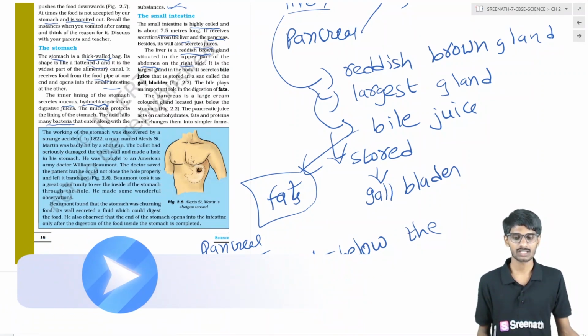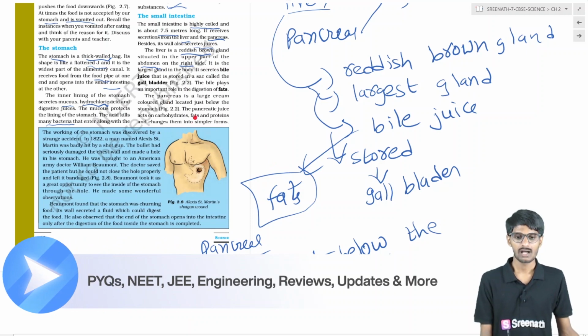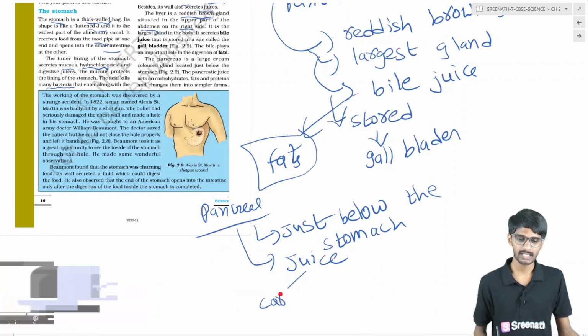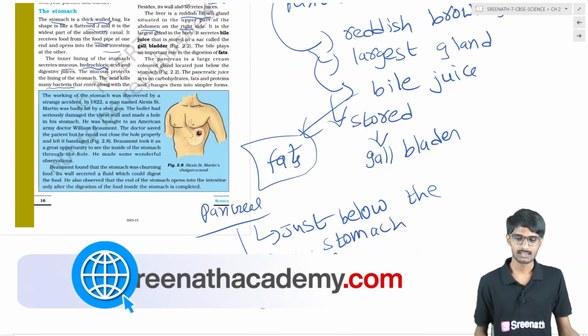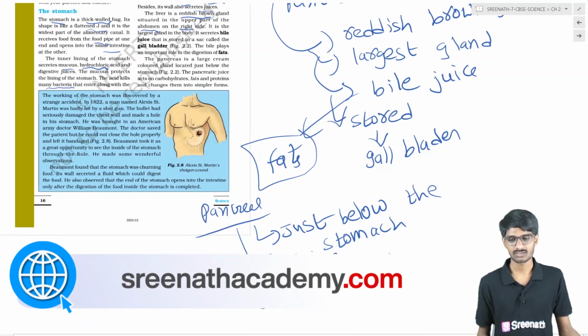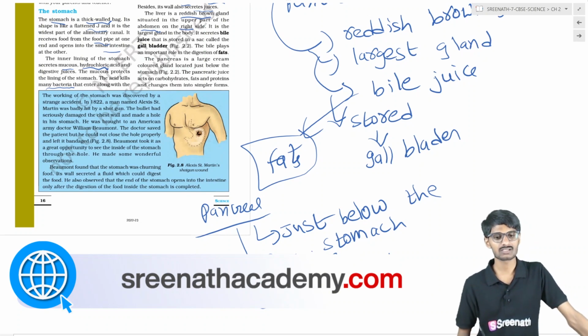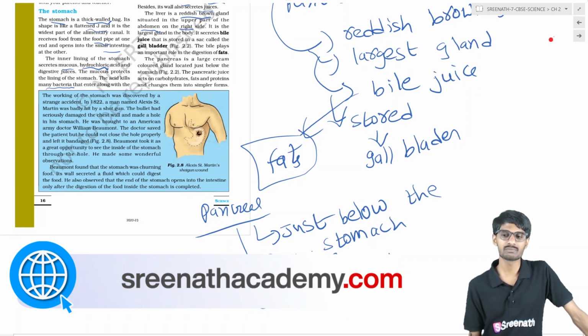It is also somewhat large, and the pancreatic juice acts on carbohydrates, proteins and fats. The juice released by the pancreas acts on carbohydrates, proteins and fats, students, and changes them into simpler forms.